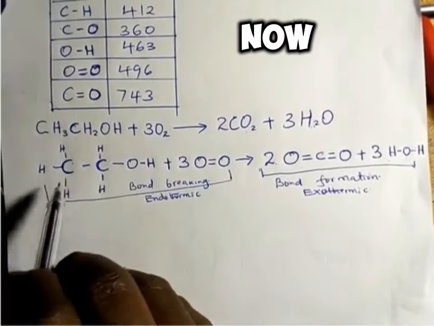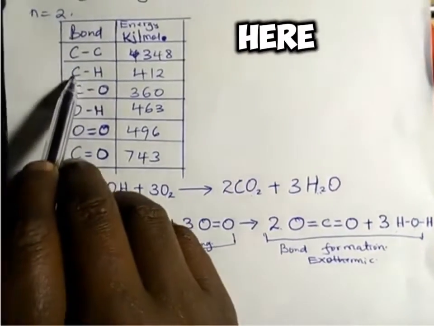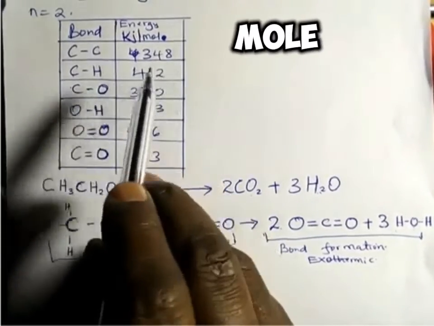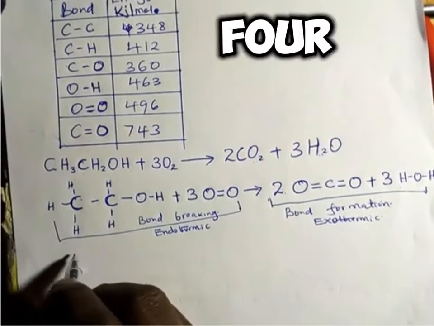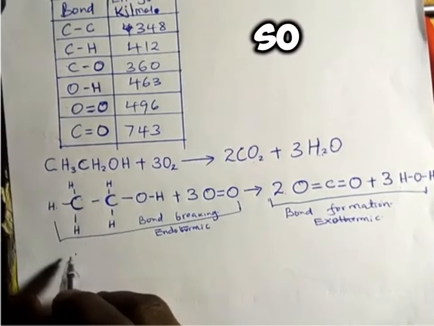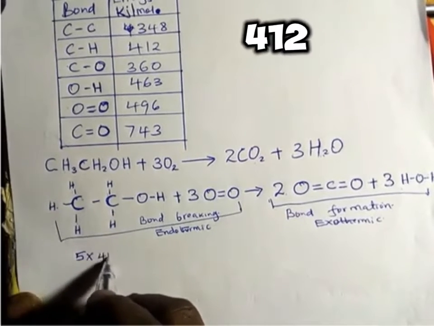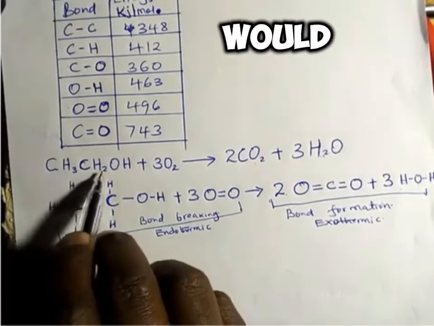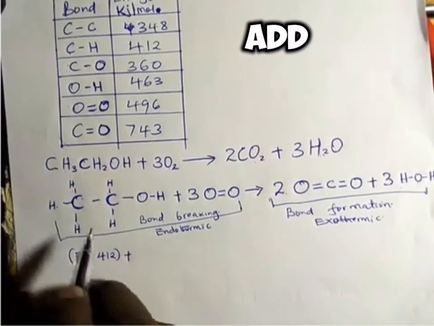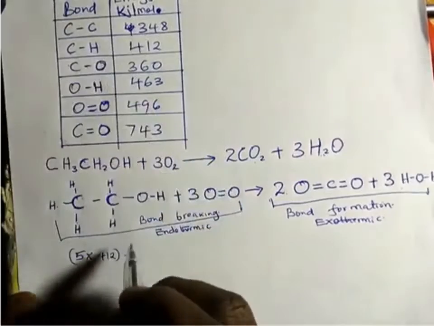Now, one carbon hydrogen bond is 412 kilojoules per mole. How many are there? 1, 2, 3, 4, 5. So we have 5 times 412. That will give us the energy for carbon hydrogen. And then we add the carbon-carbon bond, which is 348.